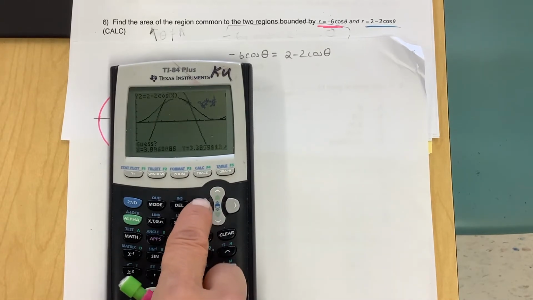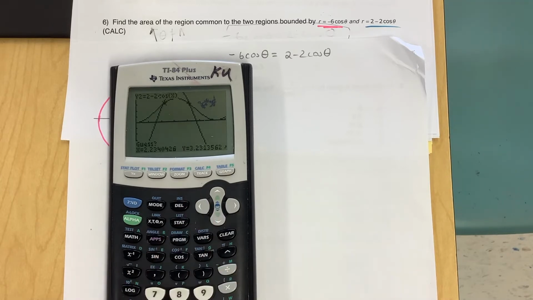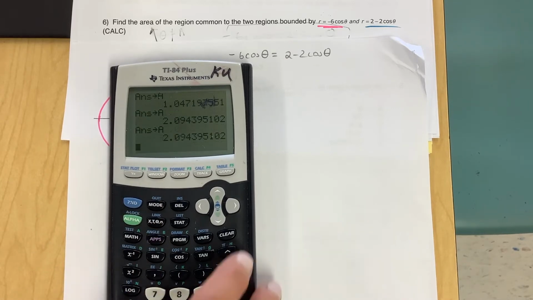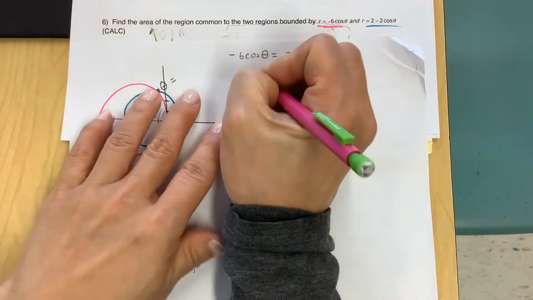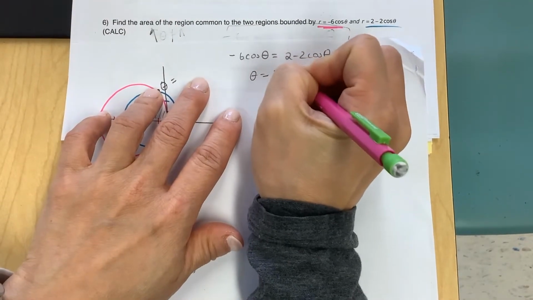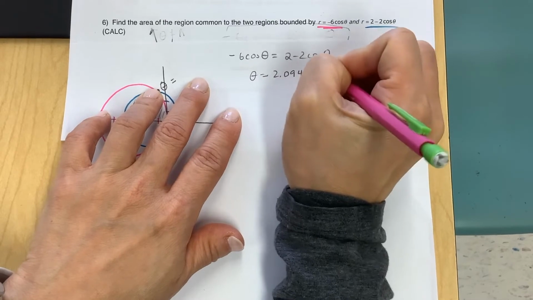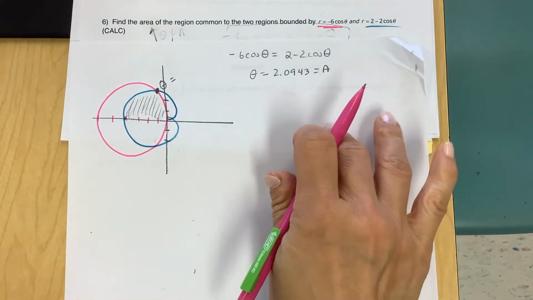So when it asks for the guess, I want to be close to the angle that I'm looking for, which is all the way over here. So my angle is 2.0943, and I'm going to be using that going forward, so I'm going to store it as A. So theta is really 2.0943 something, and I'm going to label it on my paper as A.